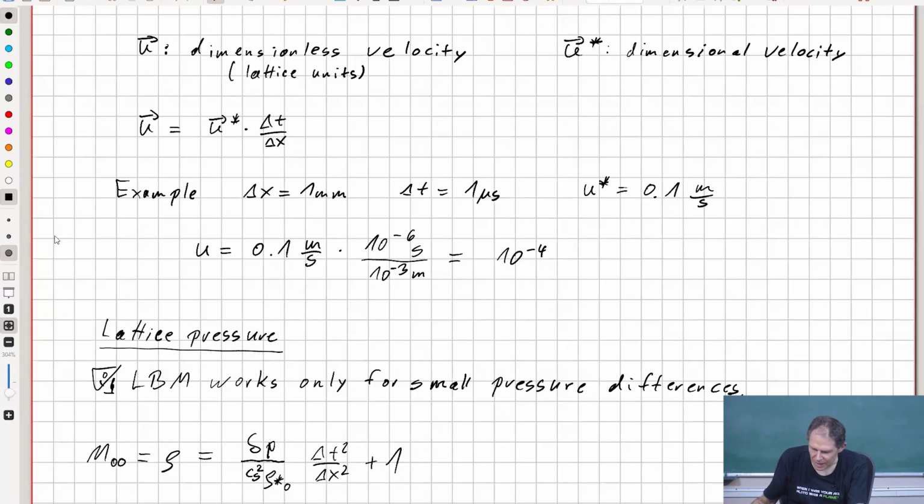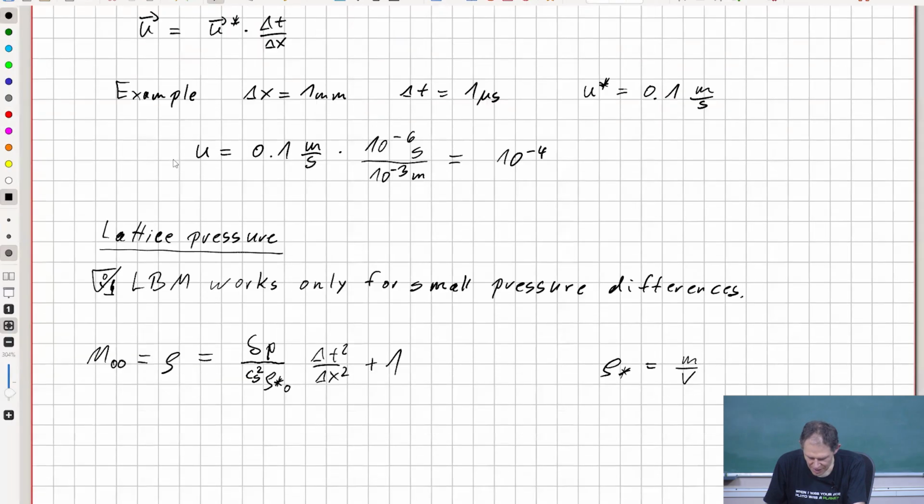Okay, so this rho star here would be the mass of a particle divided by the volume that is occupied by a particle, right? So this is the standard density.